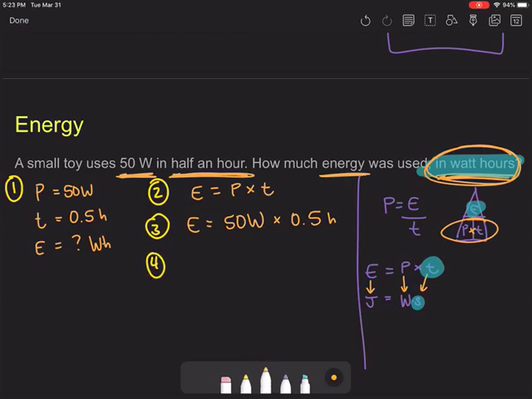When we plug this in, we go 50 times 0.5, half of 50, is going to give us 25. And we have watts times hours, which gives us watt hours, which is the unit the question asked us for. So our energy is going to be 25 watt hours.